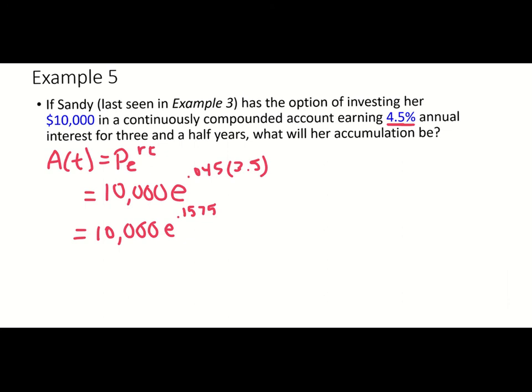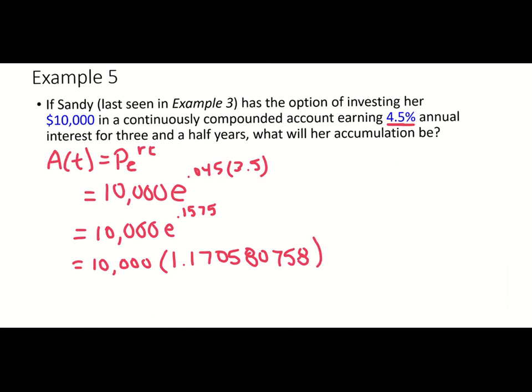I'm going to raise it to the 0.1575 power. And that is going to give me 10,000 times 1.170580758. And again, you don't want to round until the end.